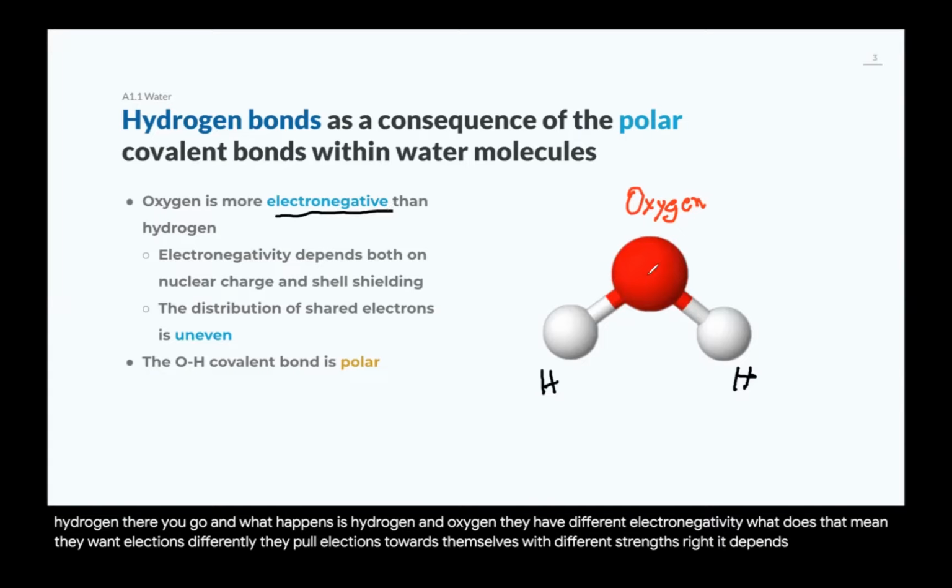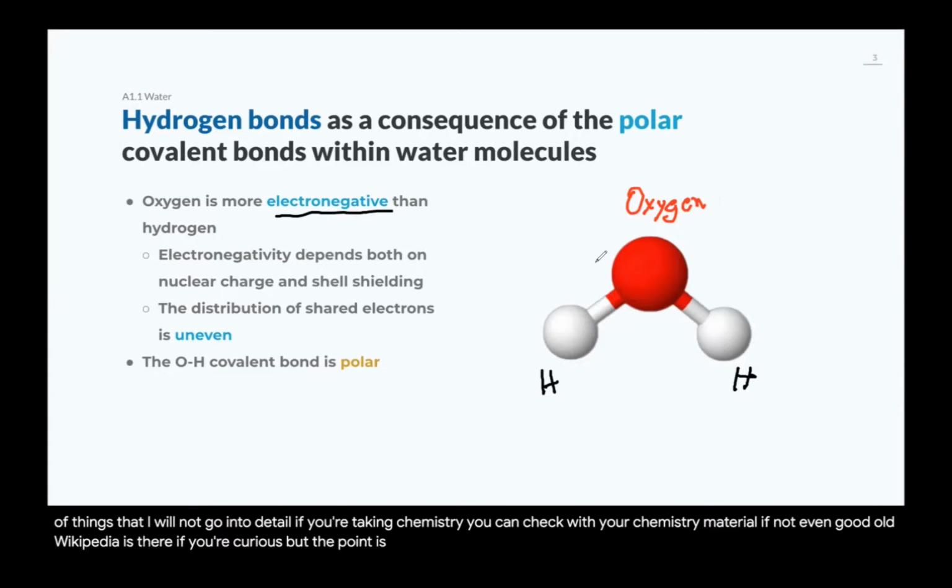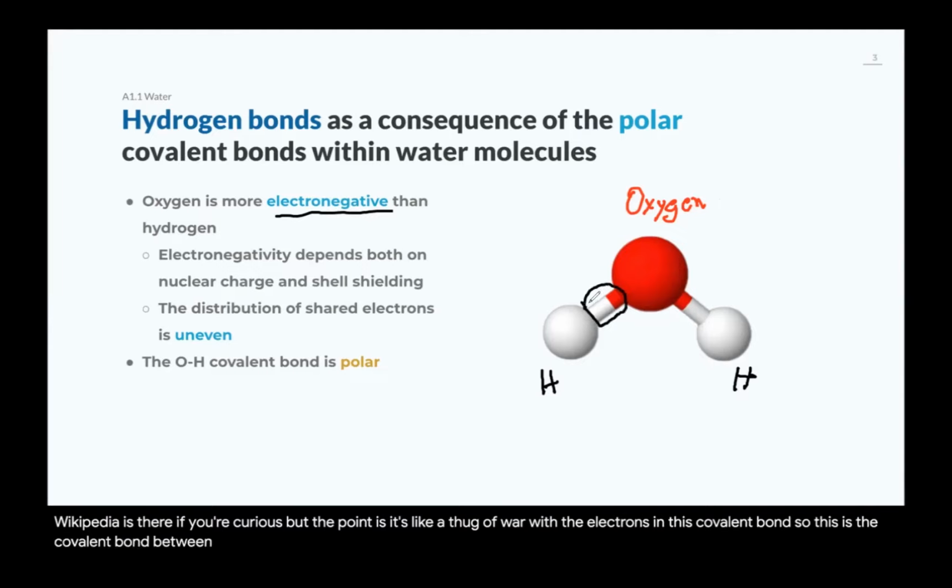It depends on a bunch of things that I will not go into detail. If you're taking chemistry, you can check with your chemistry material. If not, even good old Wikipedia is there if you're curious. But the point is, it's like a tug of war with the electrons in this covalent bond. This is the covalent bond between hydrogen and oxygen, but the electrons are not evenly distributed.